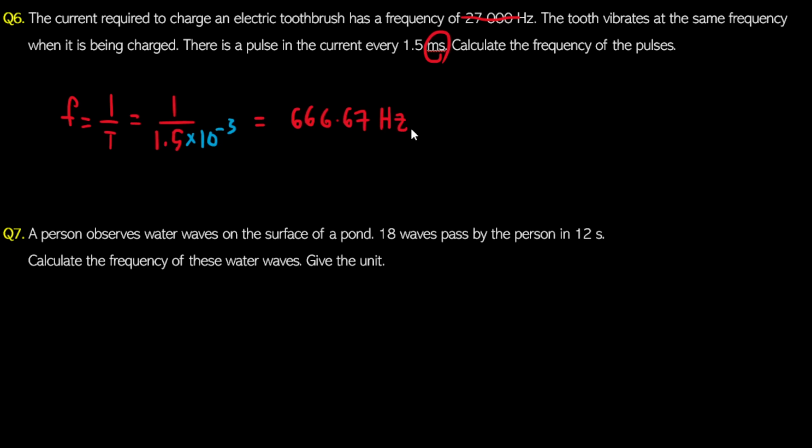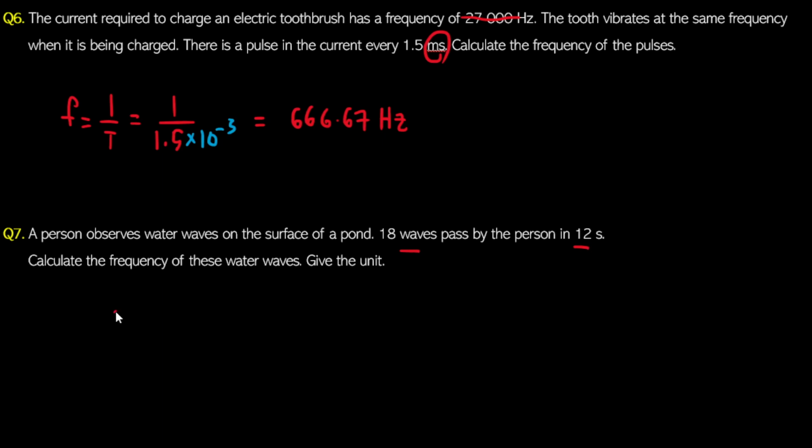Question 7. A person observes water waves on the surface of a pond. 18 waves pass by the person in 12 seconds. Calculate the frequency of the waves and give the unit. We're simply going to divide the number of waves by the time it takes to travel.